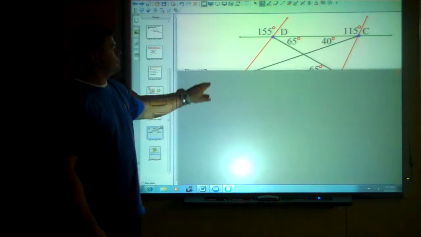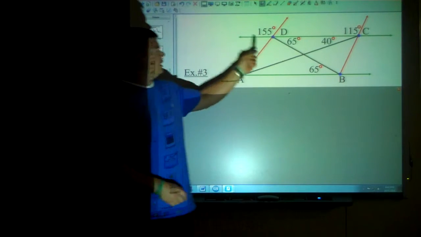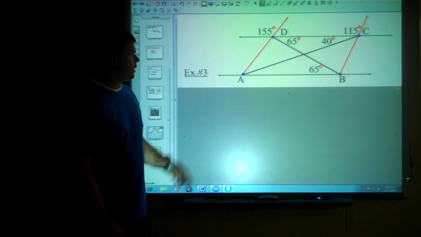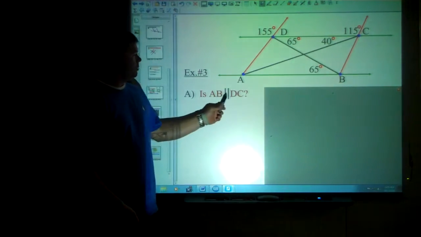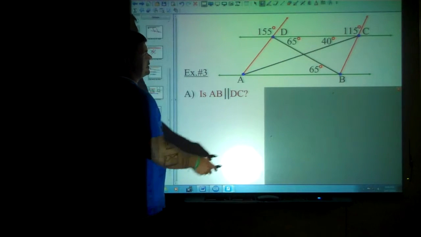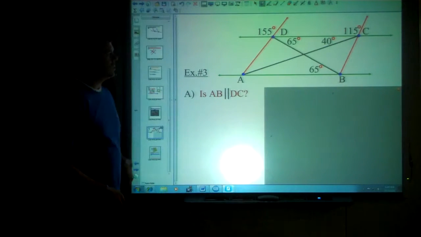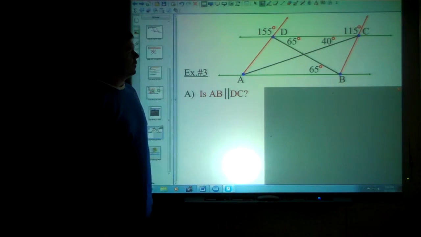Example number 3, here's the diagram. Quite a bit to this. You've noticed there's green lines, there's red lines, a bunch of angle measurements. There's quite a bit going on here. Our first question is: is AB parallel to DC? Now, AB is the green line here, and DC is the green line up there. What helps on these kinds of problems is to block out some of the other information.